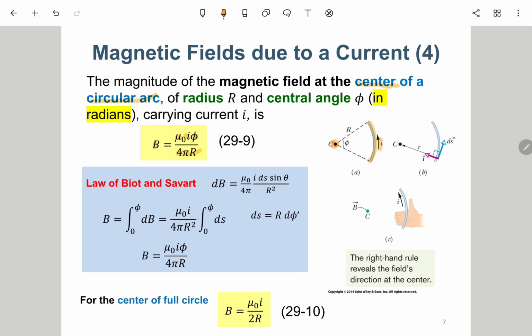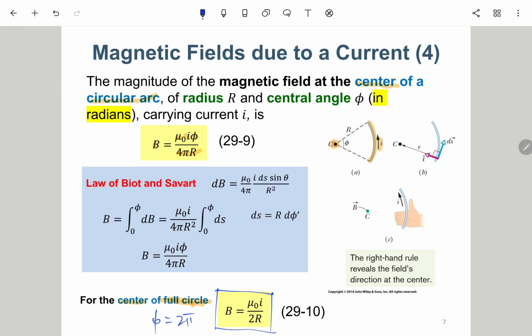This expression is not so elegant, but consider the special case of the center of a full circle. Here we have phi to be 2 pi. Plugging in phi to be 2 pi, 2 pi over 4 pi cancels to be a 1/2. So it is mu 0 I over 2r, without the pi, because you need to be careful.